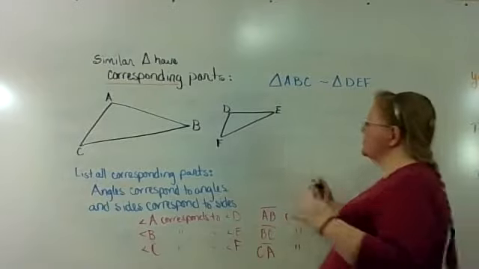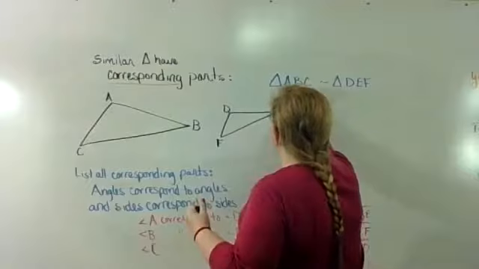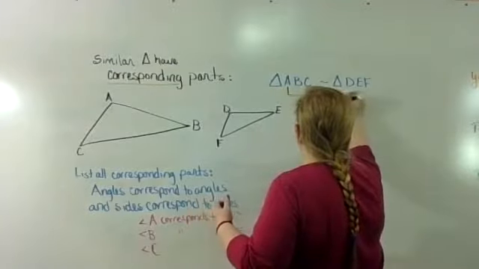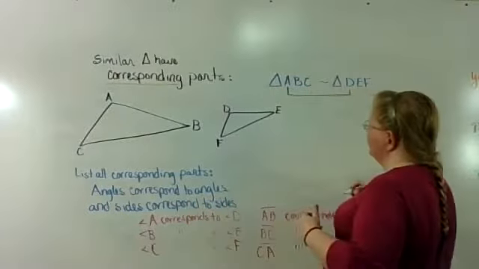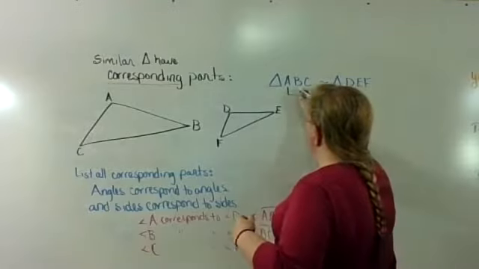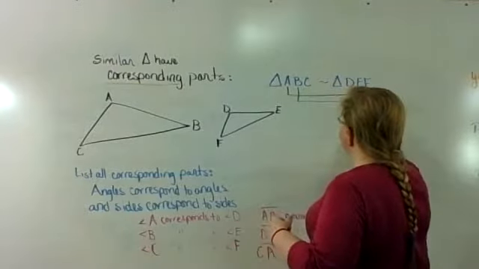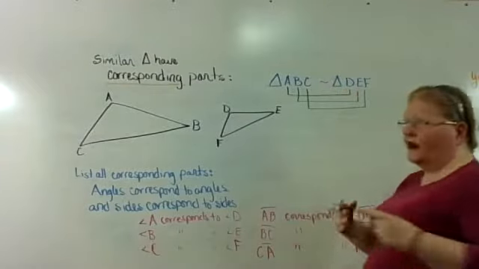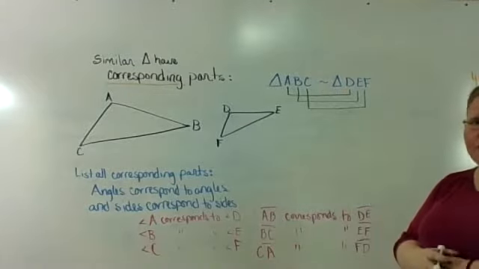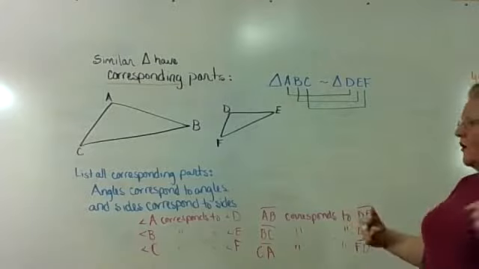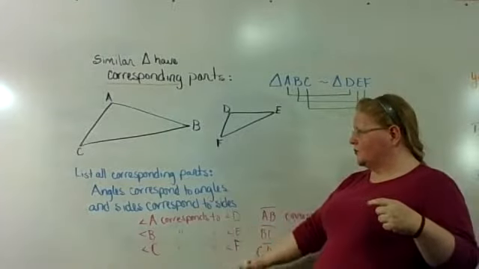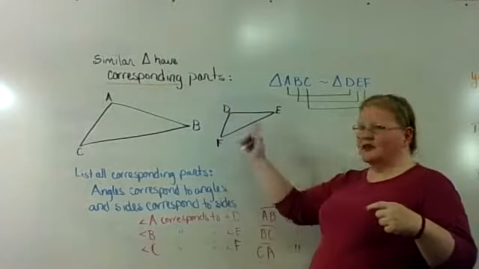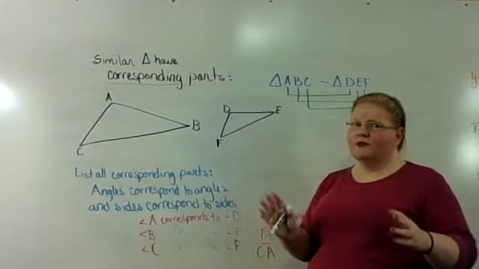So here, A, we said corresponded to D. We said B corresponds to E, and C corresponds to F. And that always happens. It always goes in order like that. That's how I knew that these angles were the ones that corresponded. Not because it looked like it, because you can't go off of looks.